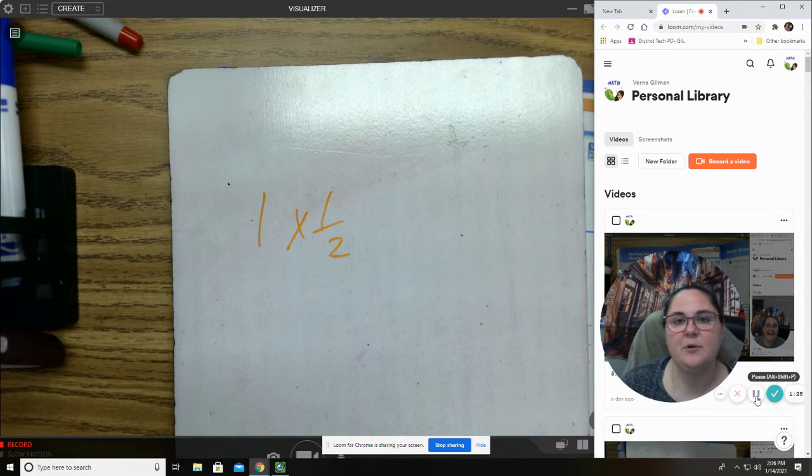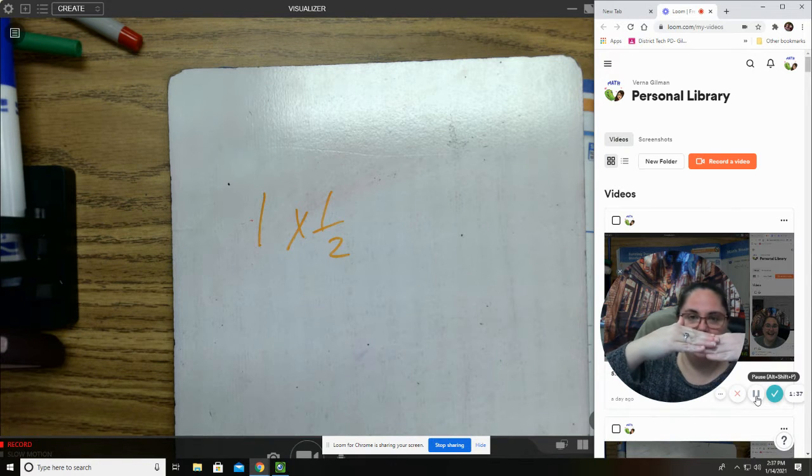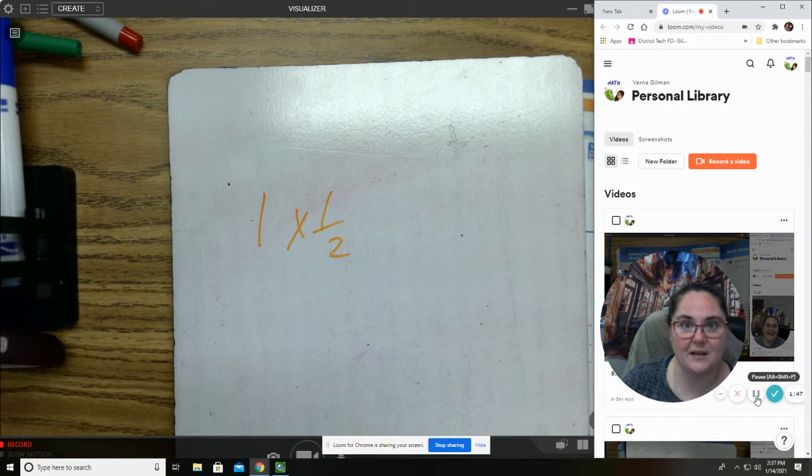Anytime you multiply a number by a fraction, your answer is going to get smaller. If you multiply something by 1, it stays the same. So if you multiply by something larger than 1, your answer will be larger. If you multiply by something smaller than 1, your answer will be smaller.